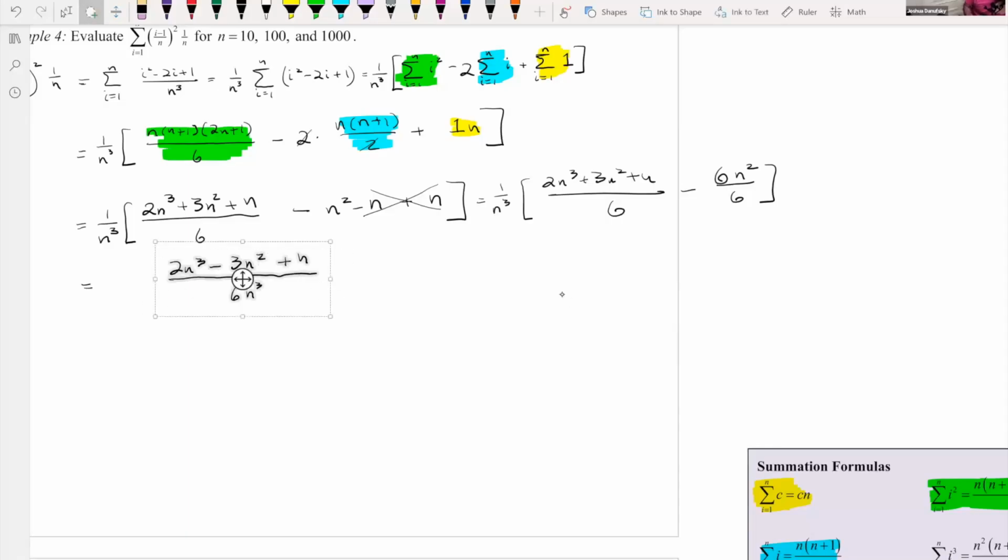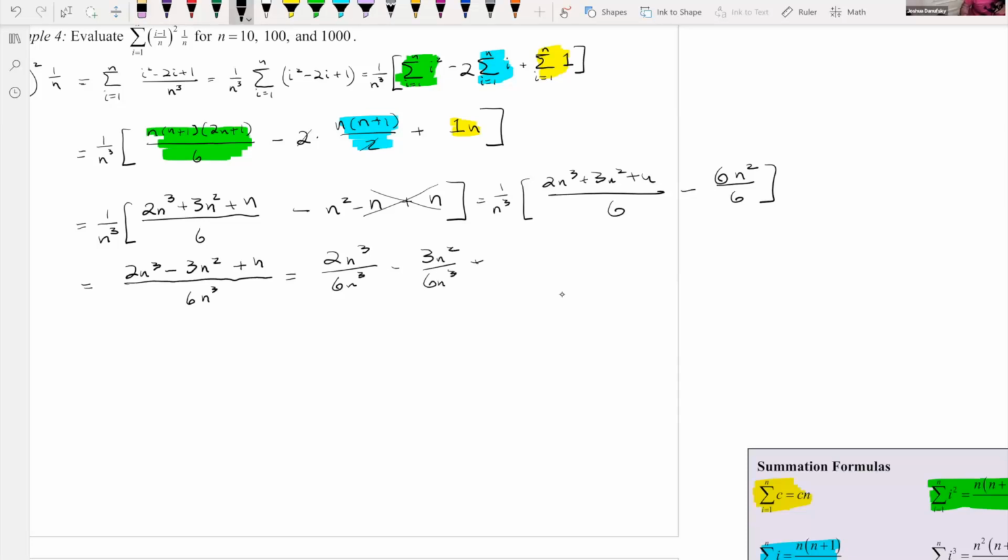And it looks like we're in a pretty good place, but I think we can take it even further and turn it into a really nice expression. We can break it up into 3 separate fractions like this. And if you don't need to write this step, that's fine. Don't write this step, just go on to the next step. But I'm going to write it for now like this. And the first one is going to simplify, right?